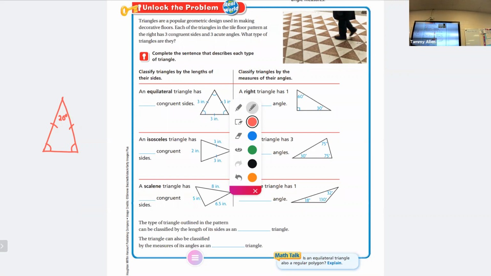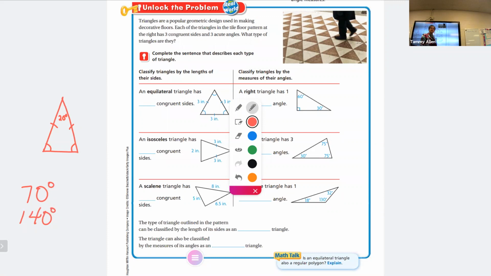He thinks it's 70. But Lauren thinks it is what? 140? So we've got a 70 degrees. We have a 140 degrees.